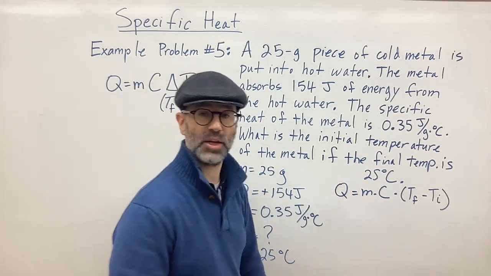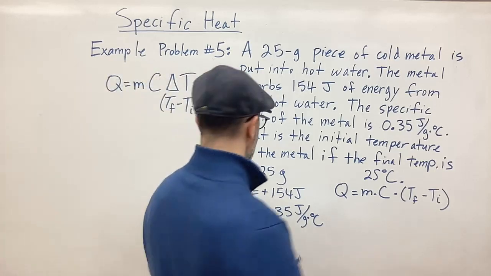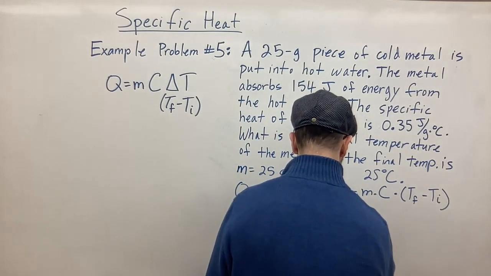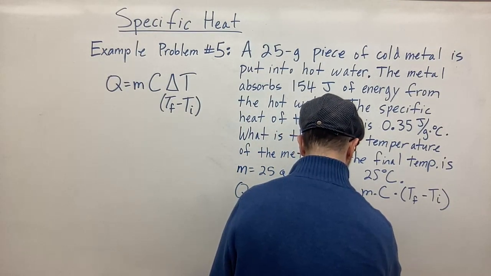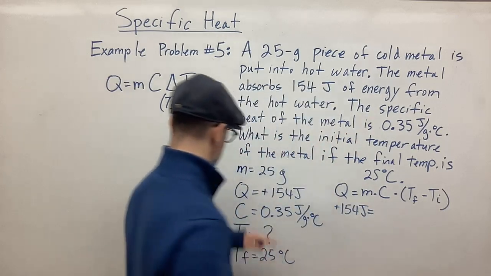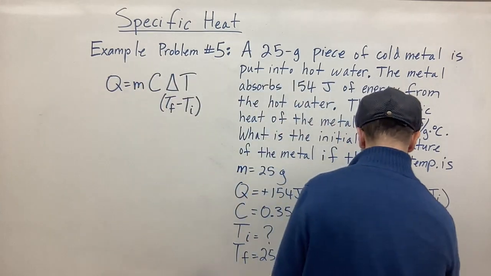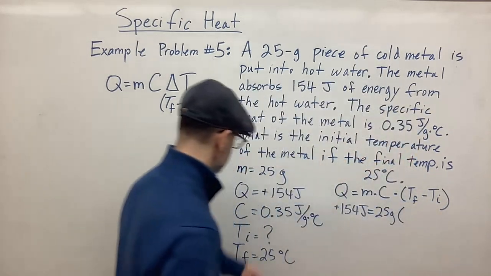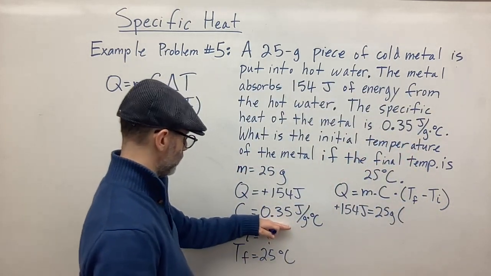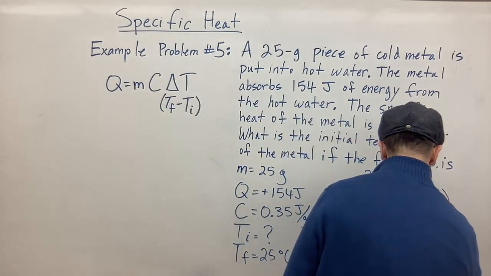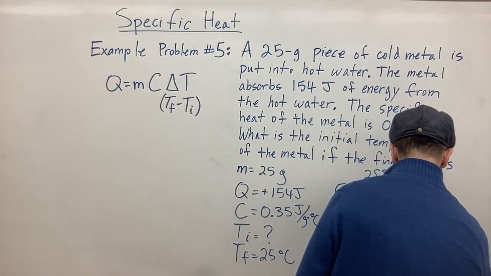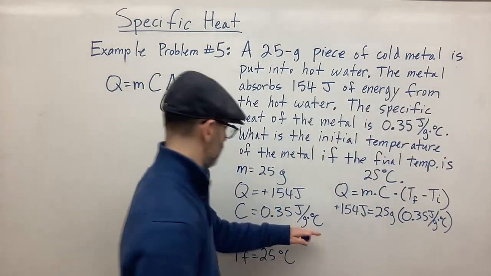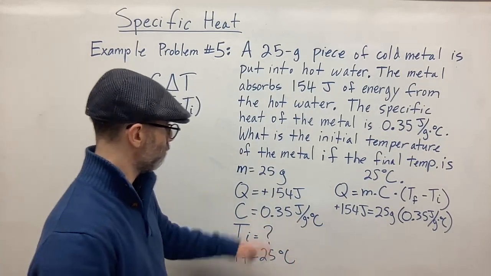This time I'm going to put my values in and then solve. So I have the mass and I have Q. Q is plus 154 joules, equal to the mass, which is 25 grams, multiplied by C, which is 0.35 joules per gram degrees Celsius. And then we have our final minus initial.